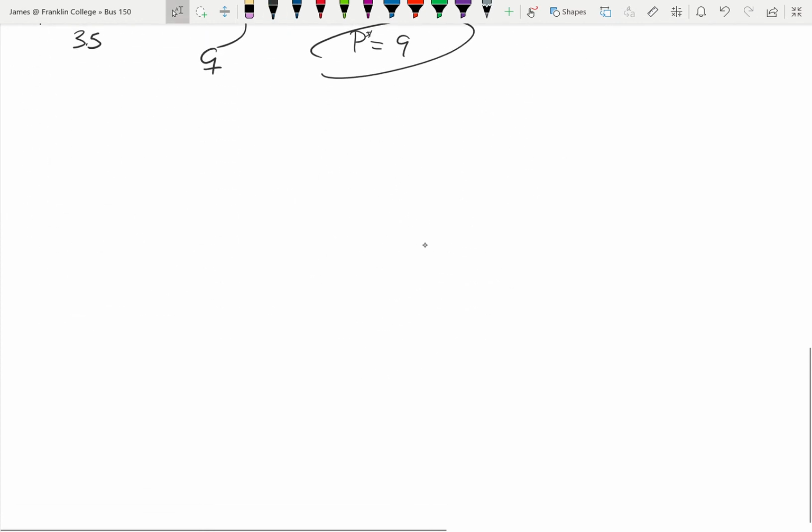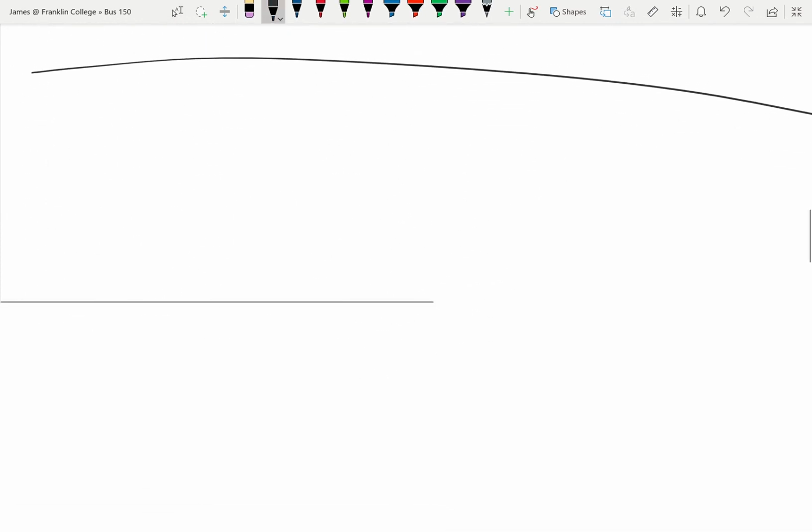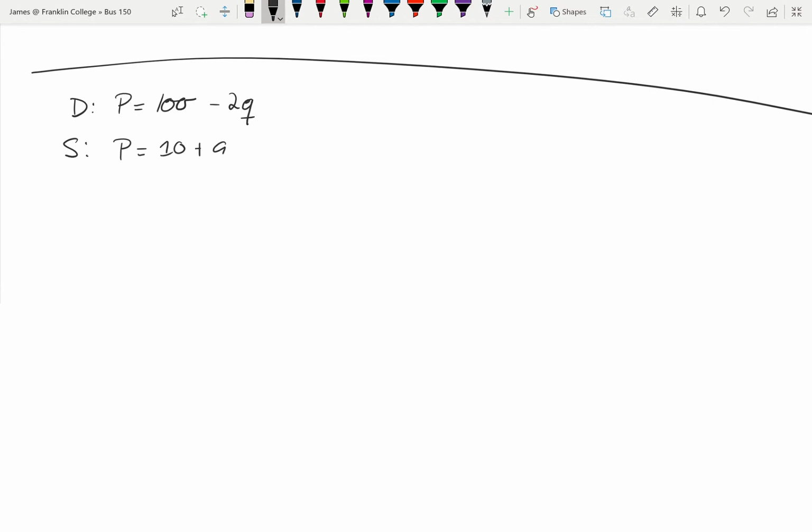All right, let's do another one of these supply and demand situations where the demand is P equals 100 minus 2Q, and supply is P equals 10 plus Q. So note, both equations are written as P equals something, so we can set that something equal to something else.